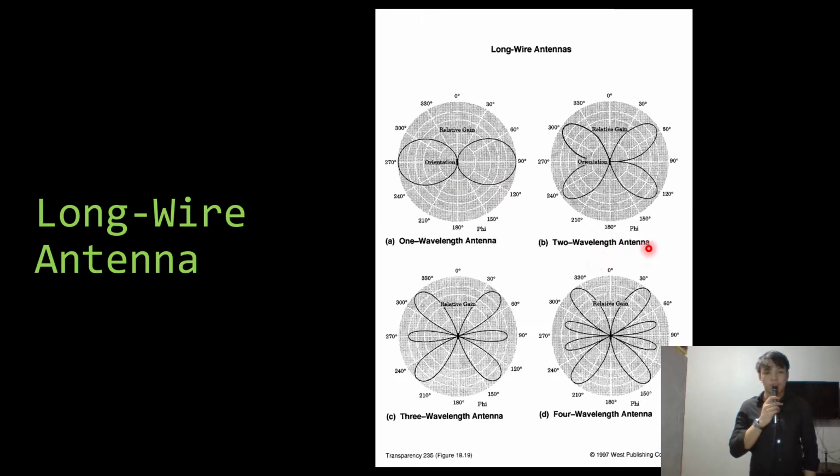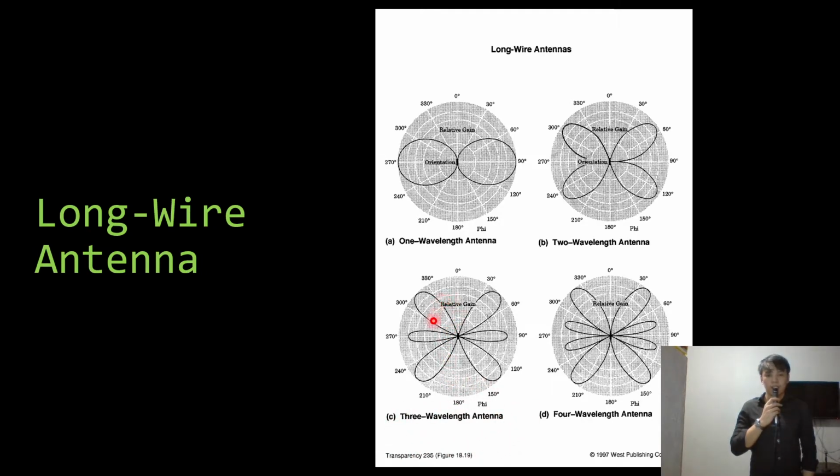The next one is the two wavelength long wire antenna. It has four orientations of receiving signals, two on each side. The next one is the three wavelength antenna.